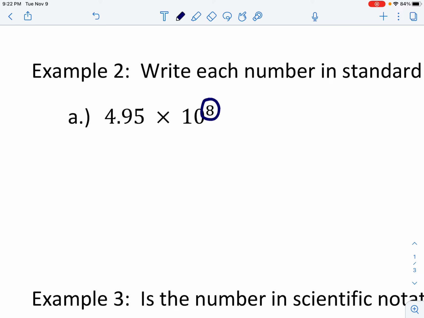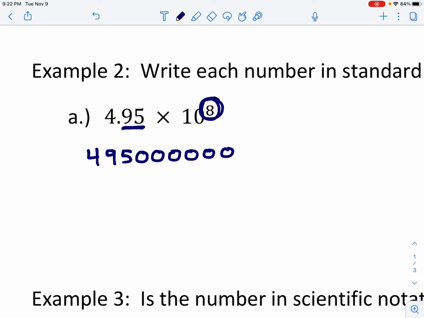So I'm going to write my 4, because that's where my decimal point starts. Now I'm going to count the numbers that are there. So it's 9, 5, that's 1, 2, and I need 8 total numbers after my 4. So 9, 5 is 1 and 2, 3, 4, 5, 6, 7, 8.